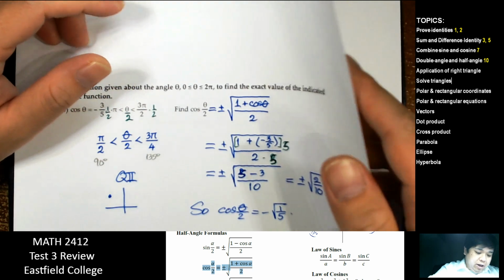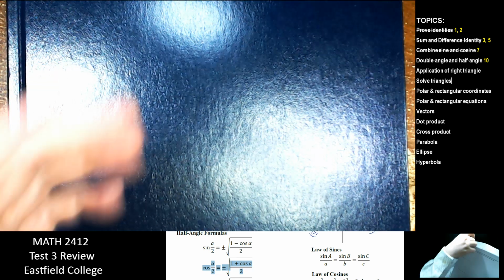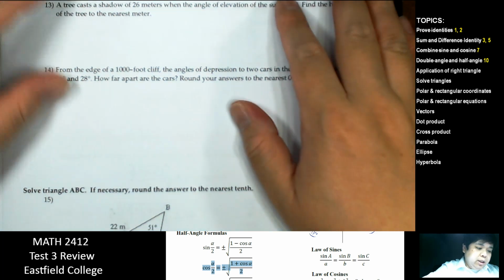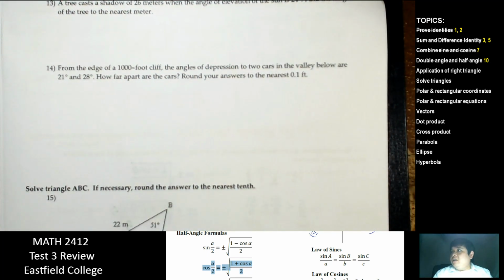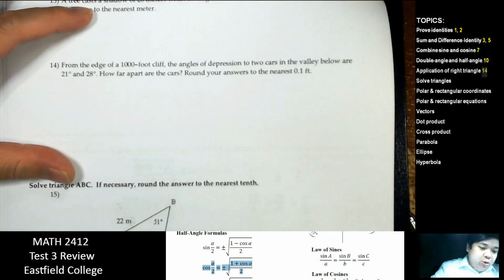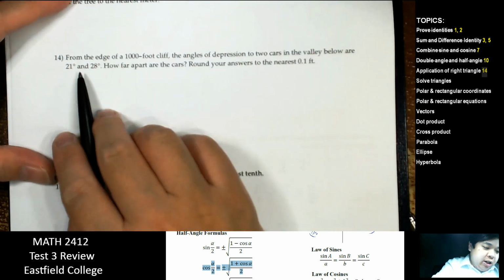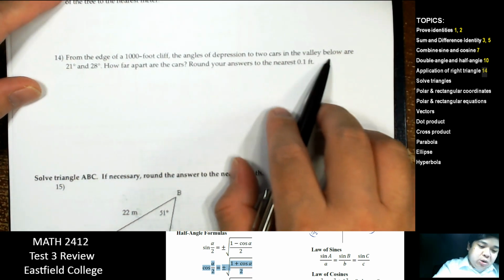Next we'll go to application of the right triangle. Look at number 14. So I'll try to draw a sketch first. From the edge of the 1,000-foot cliff, the angle of depression to a car is given below.